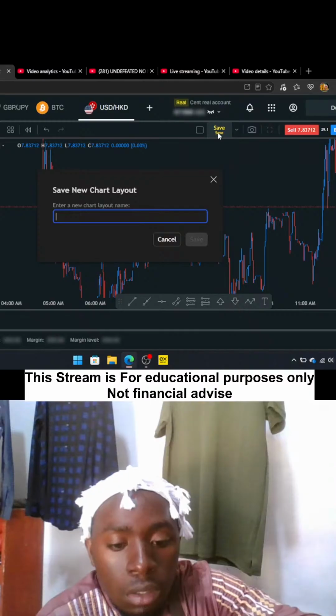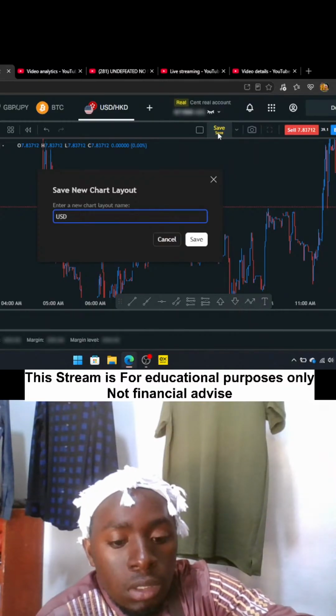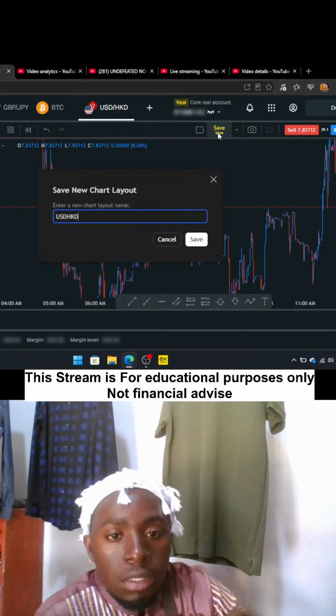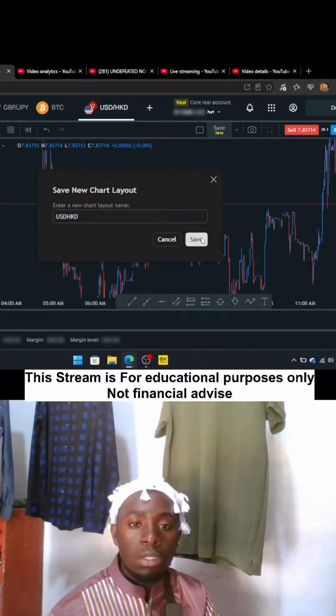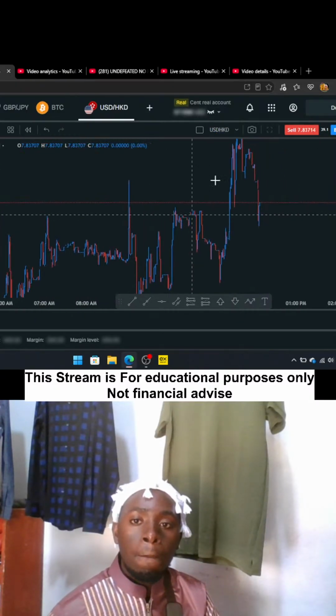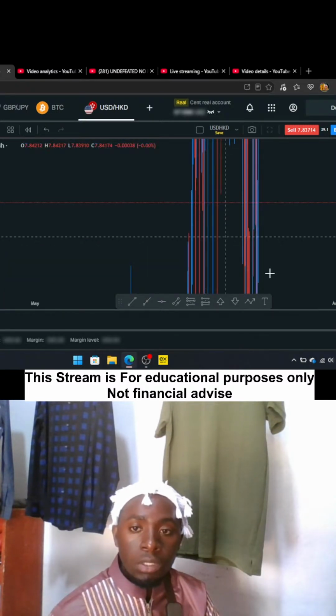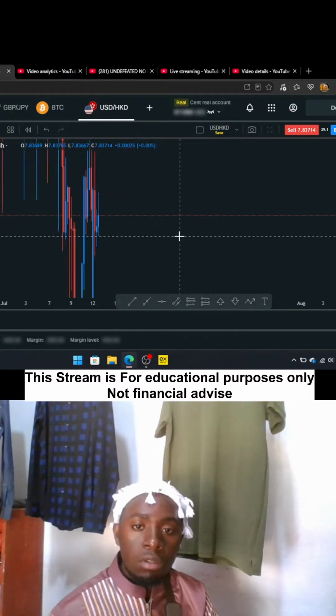USD HKD right there. What's the higher time frame telling us? Let's see.